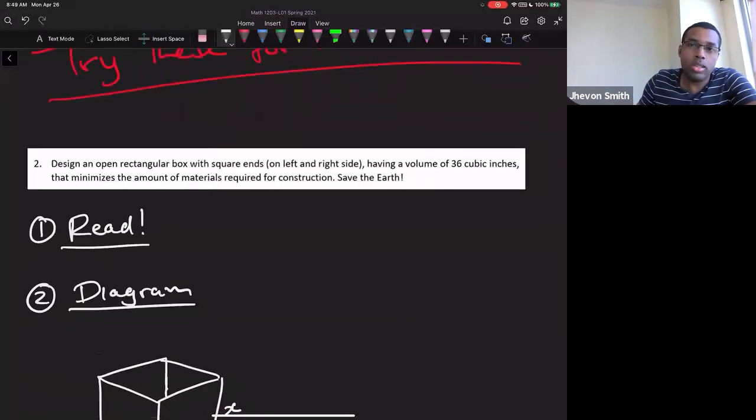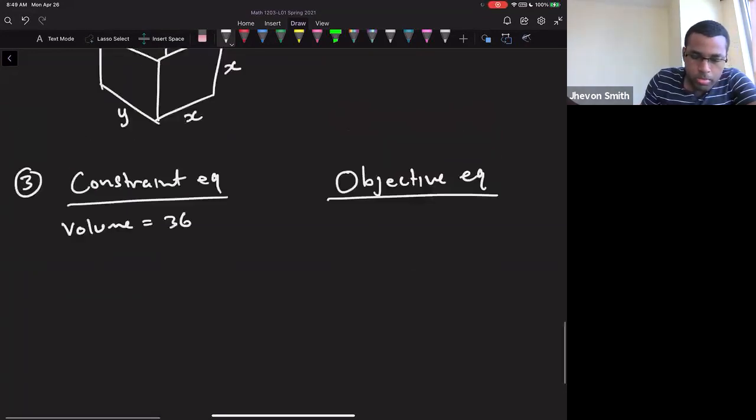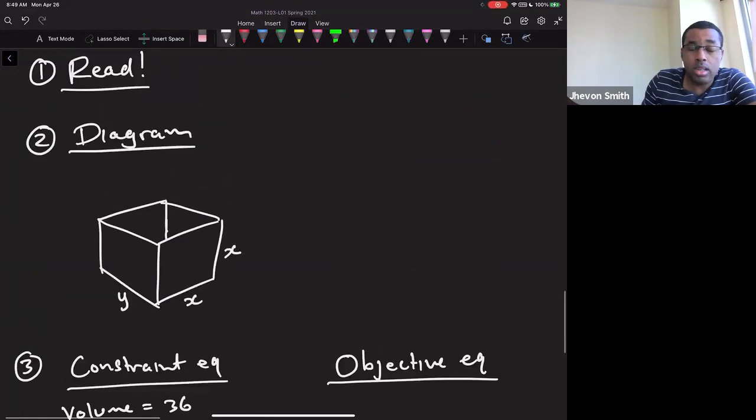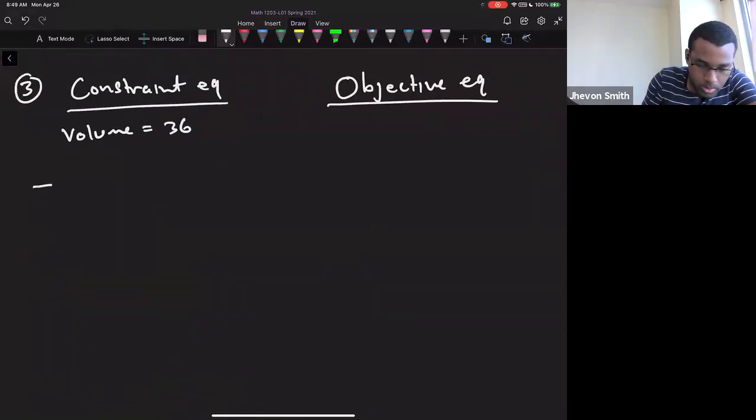Volume can't be whatever you want, has to be 36. So here, volume is 36. What that means is length times width times height is 36. So that is our constraint equation.